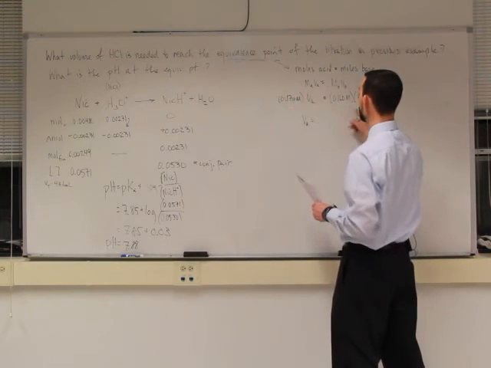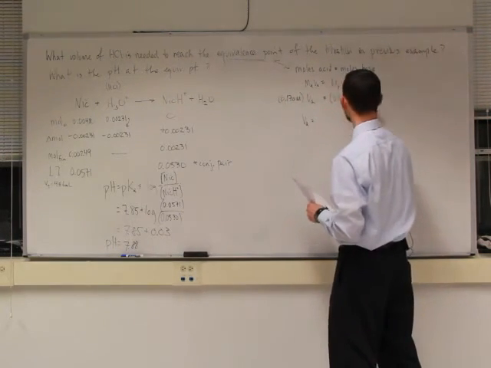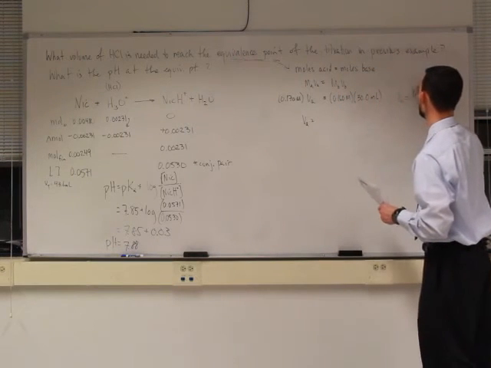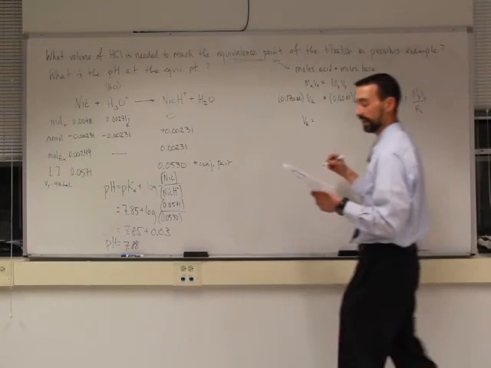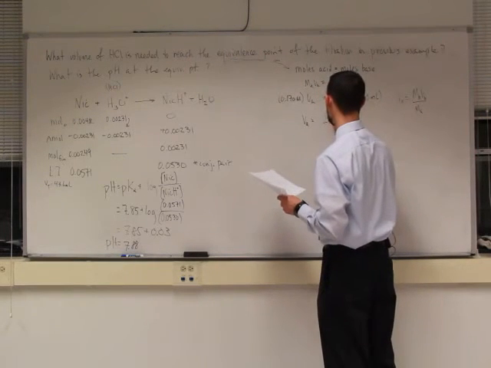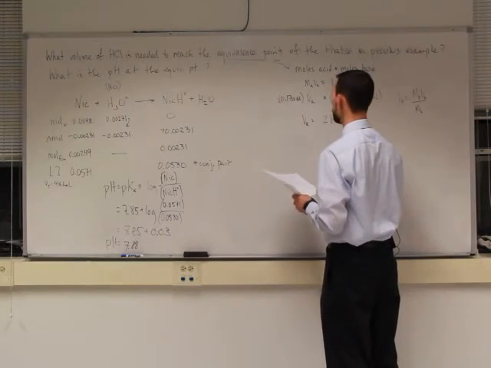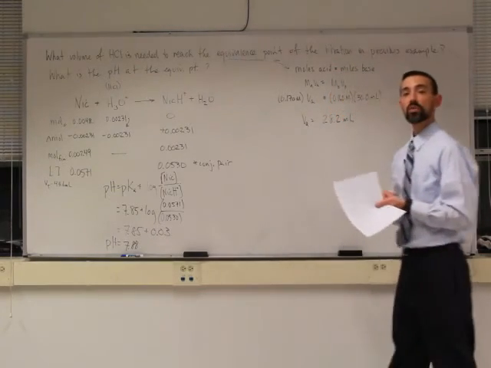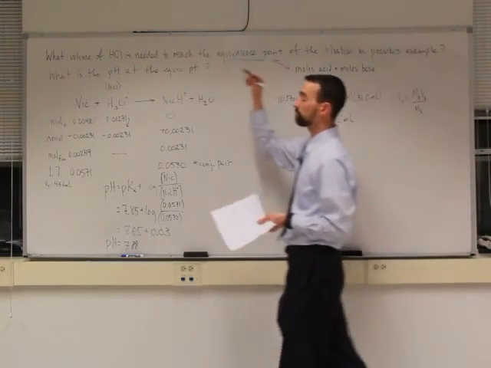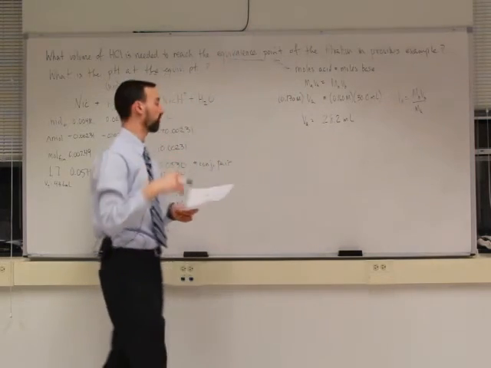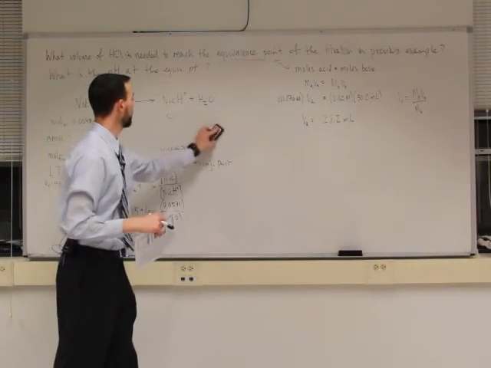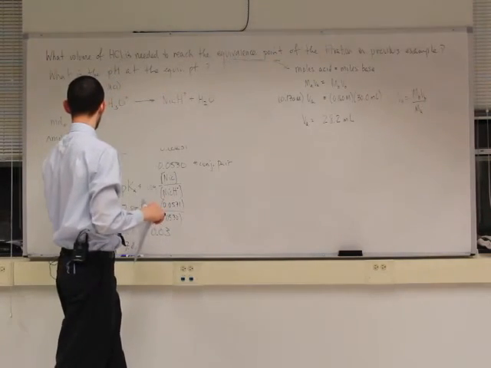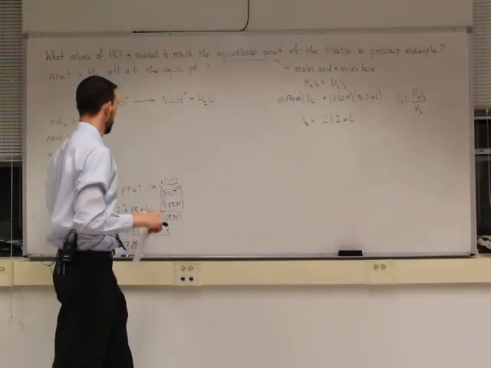So if I divide by the 0.17, what I'm really doing is VA is going to be MBVB divided by MA. I will get a volume of 28.2 milliliters. So now the question really is, what is the pH, and we can treat it just like the former example, what is the pH when we add 28.2 milliliters of the acid?